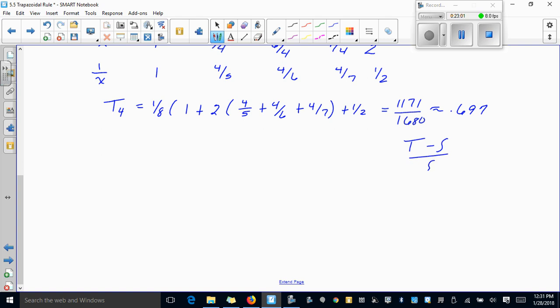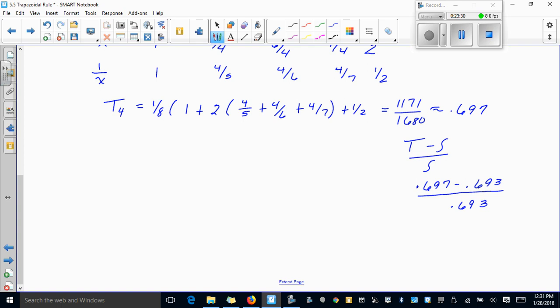So 0.697 minus 0.693 divided by 0.693. So we throw that into the calculator. That's going to give you 0.004 over 0.693.